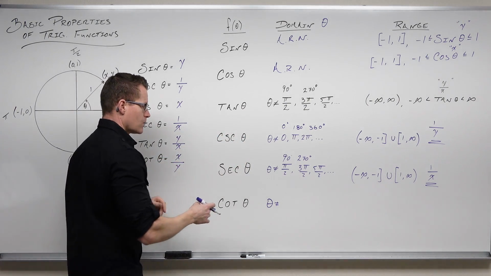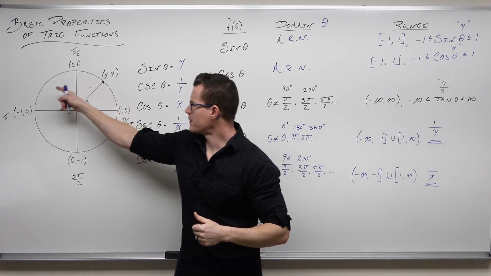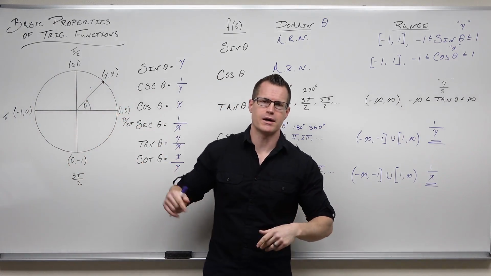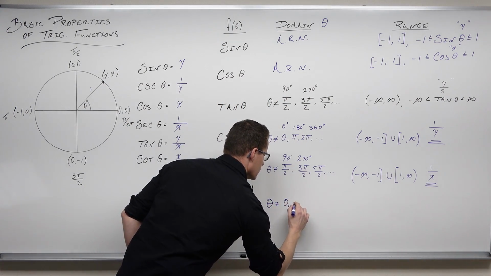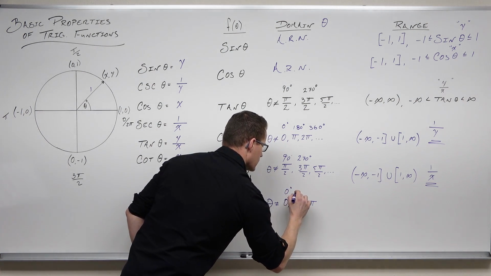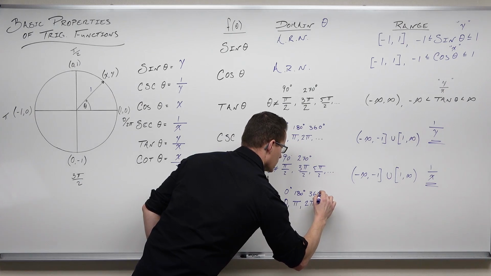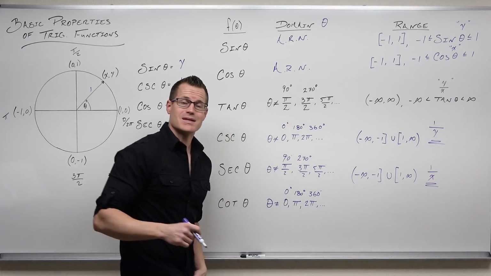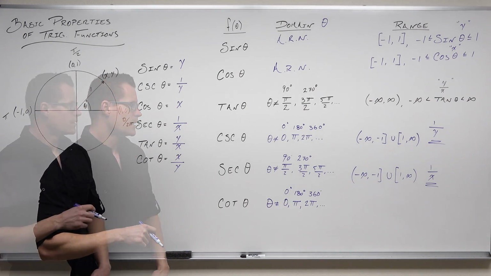So at 0, your y is 0, and at pi your y is 0, and at 2 pi your y is 0. And lots of other places as we keep going around and around that unit circle, both positively and negatively.